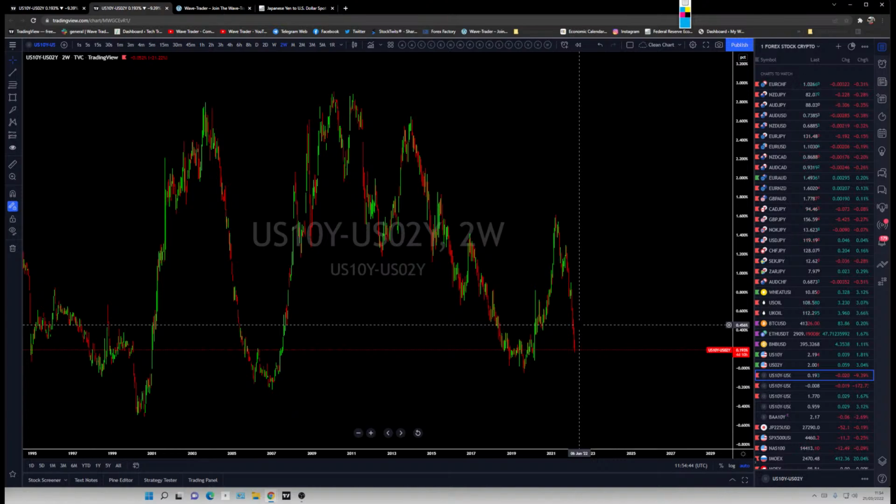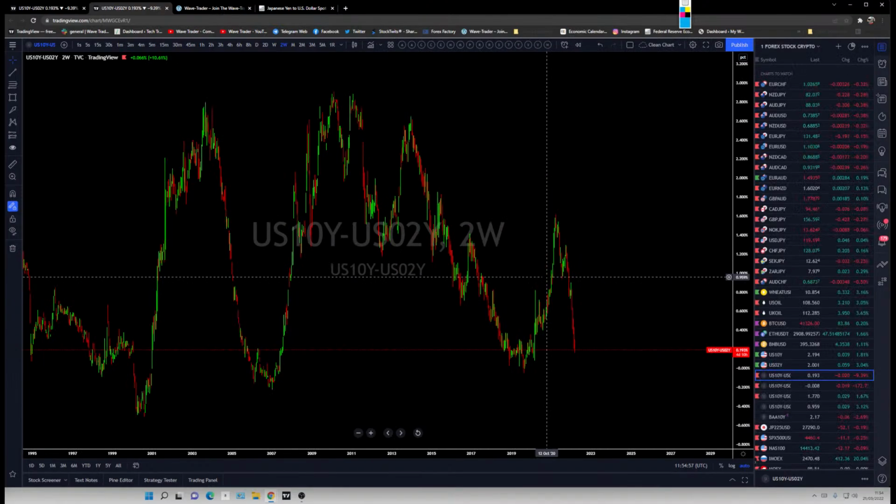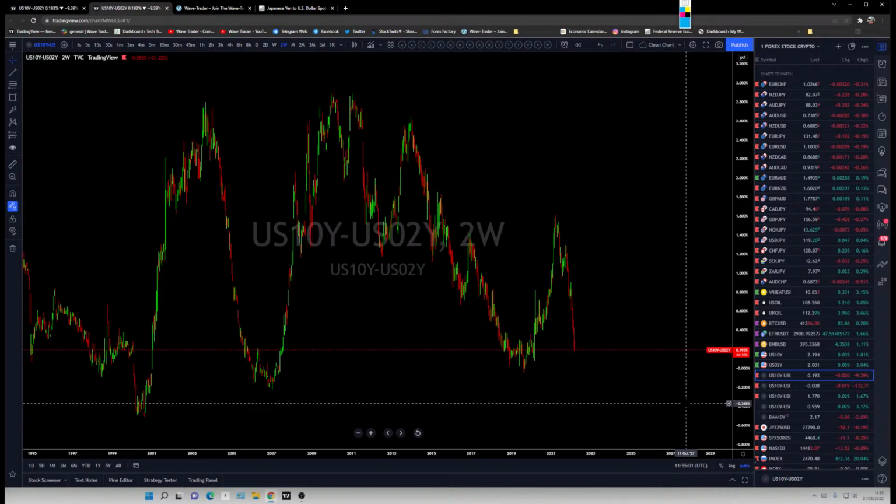They're more stable, and the yield is being set by the market. And the market believes there is a red signal. The market is saying we are simply going to see recession.